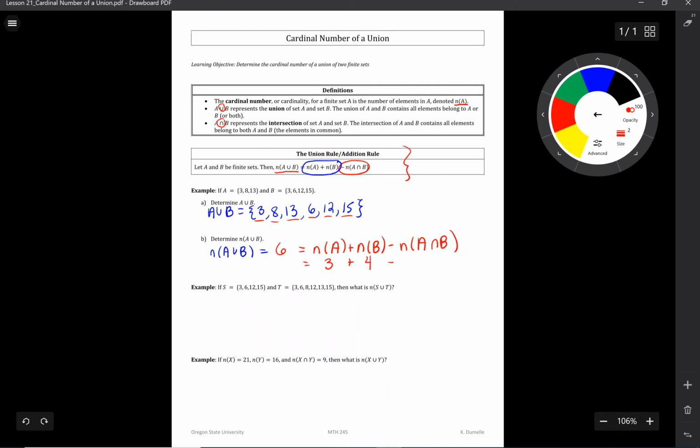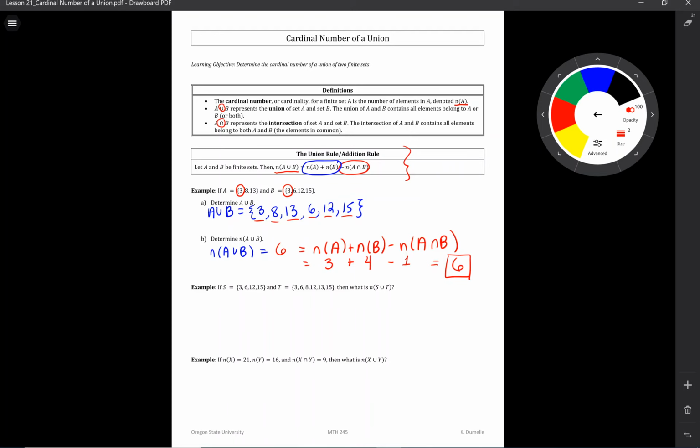And then this last piece is how many elements A and B have in common. Well, they have 3, right? So the number of elements that A and B have in common is 1. So I get 6 again. In this case, we can easily just count the number of elements in the union of A and B, but I can also practice using this union addition rule.